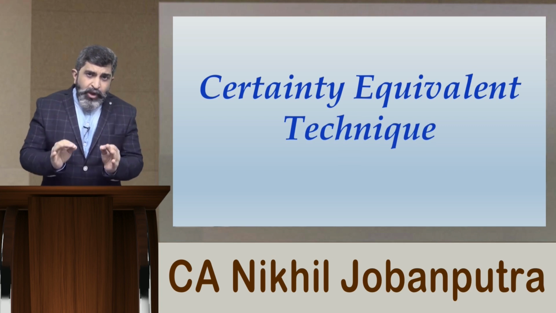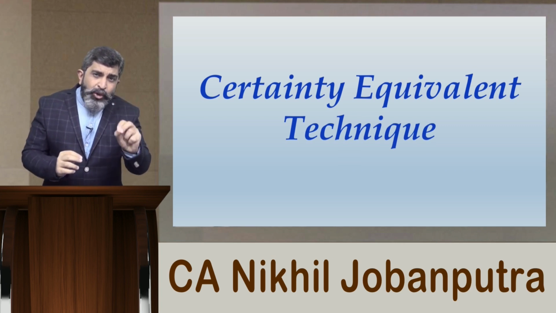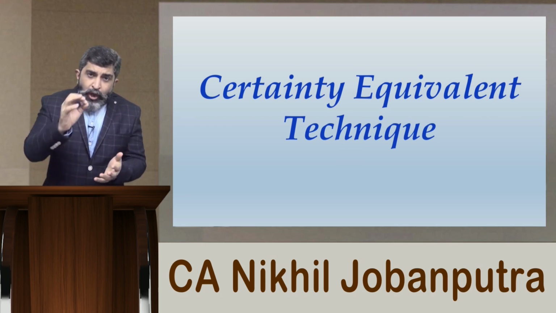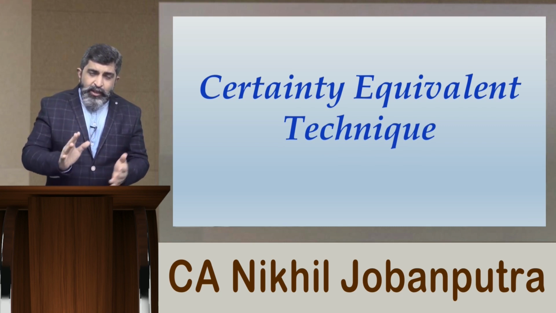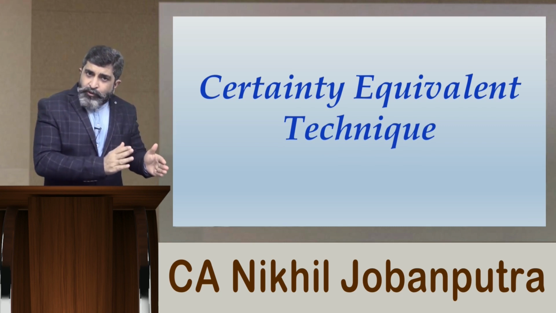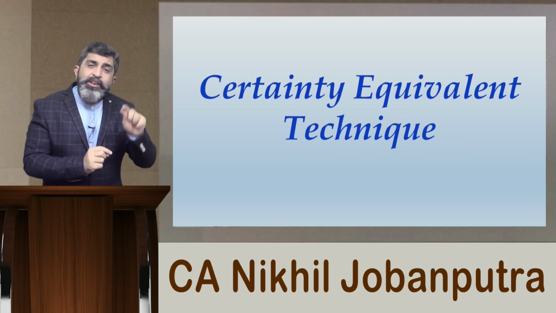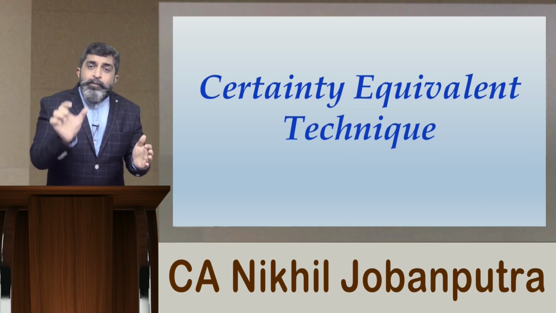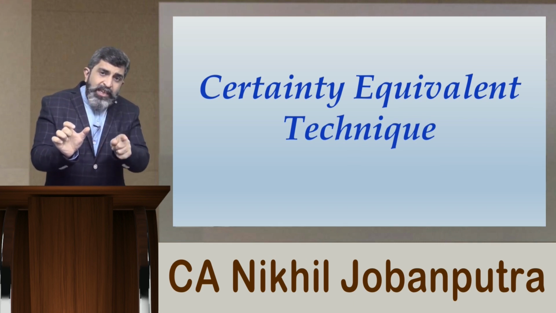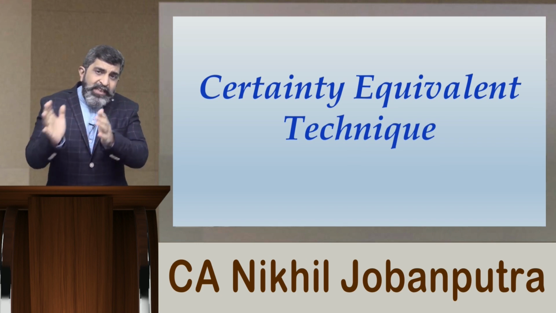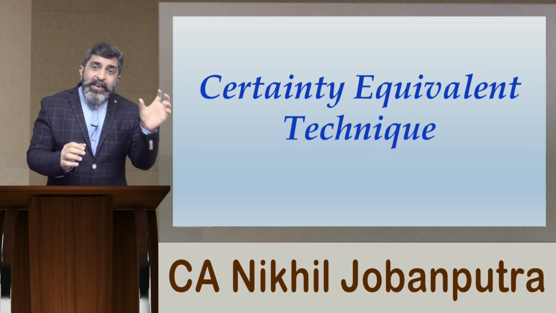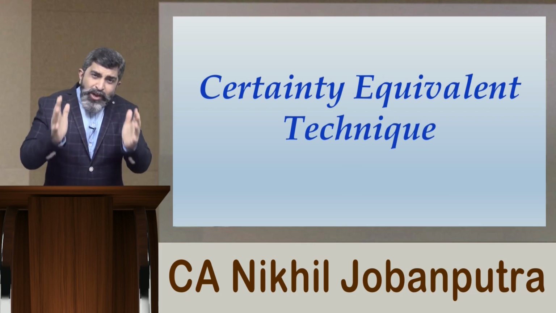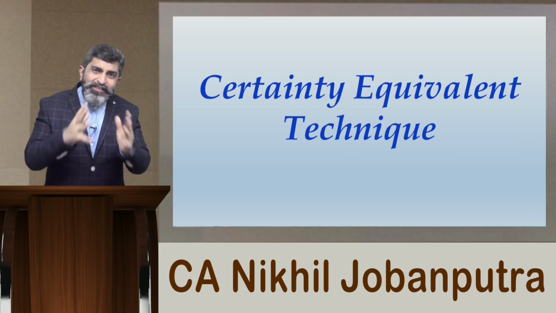Let me clarify this point, because sometimes ICAI may put traps in your examination questions. For example, they ask you to solve a question using the certainty equivalent technique. So they will give you uncertain amounts of cash flows. They will also provide you information about certainty equivalent factors. So what you will do now, as I have instructed, is multiply the respective amounts of uncertain cash flows by the certainty equivalent factors, converting these cash flows into CECF, that is certainty equivalent cash flows. Now boss, you have already made the adjustment for risk.